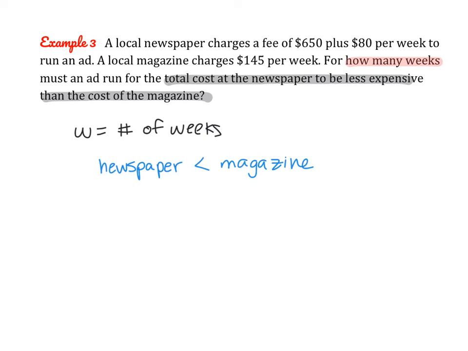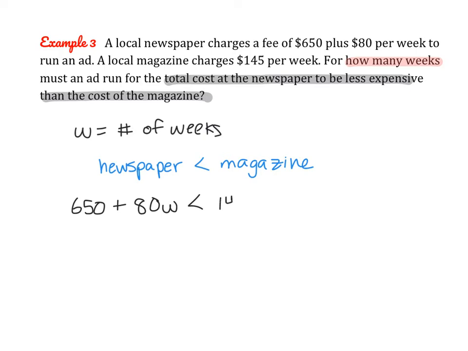So for the newspaper, they start with that $650 fee, and then they charge that extra $80 per week. Remember, per means multiply. So we do 80 times W, the number of weeks. And then for the magazine, they simply charge $145 per week.